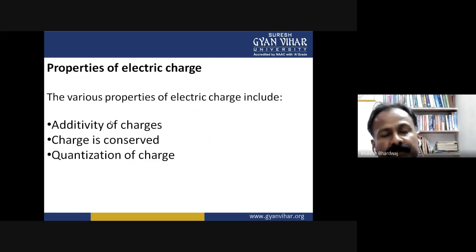The various properties of electric charge include additivity of charges, conservation of charges, and quantization of charges. So, additivity of charges.